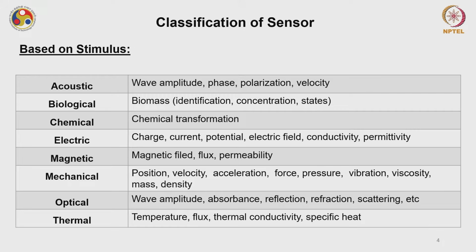Optical sensors can have stimuli in terms of wave amplitude, absorbance, reflection, refraction, and other aspects of optics, like scattering. Similarly, thermal sensors can have a stimulus of temperature, flux, conductivity, specific heat, etc. All these stimuli are triggered by some physical or chemical or biological phenomena, so these sensors will be capable of measuring all this. In this course, we'll be covering some of these important sensors.